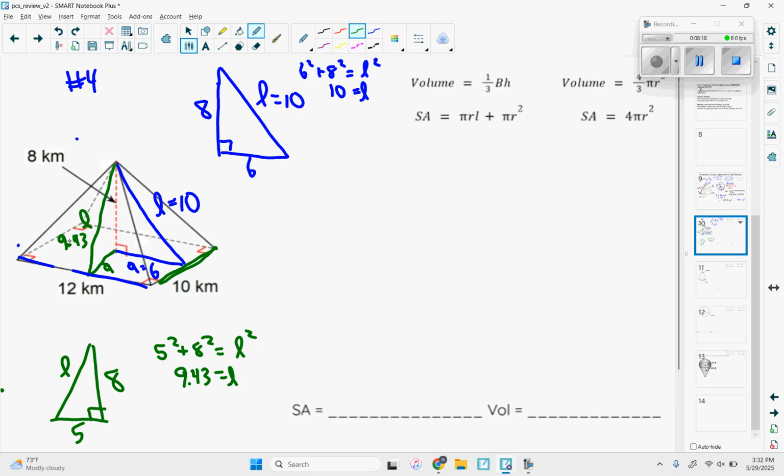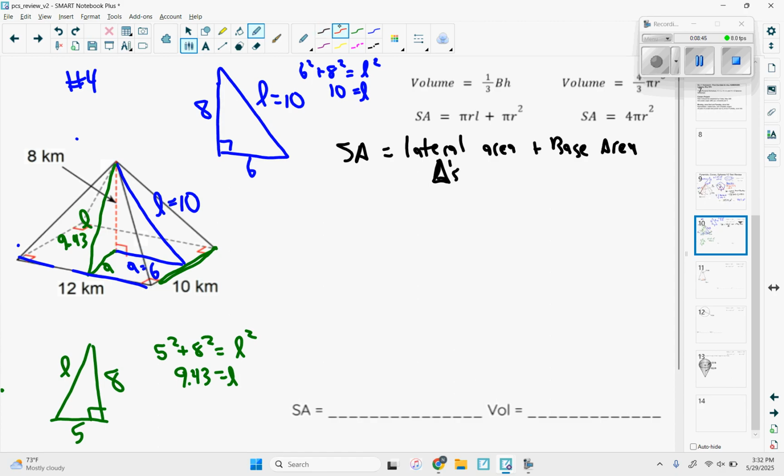All right. Now we have enough information, we can start working on that surface area. So surface area of the pyramid, again, is your lateral area plus your base area. Base area will be really easy. We need to focus on the triangles that make up the lateral area.